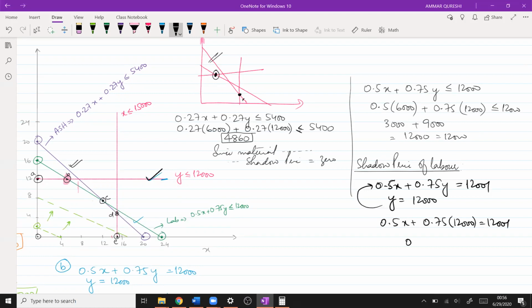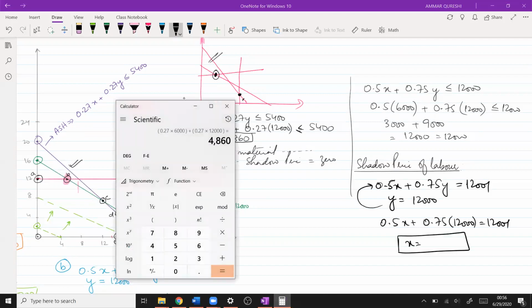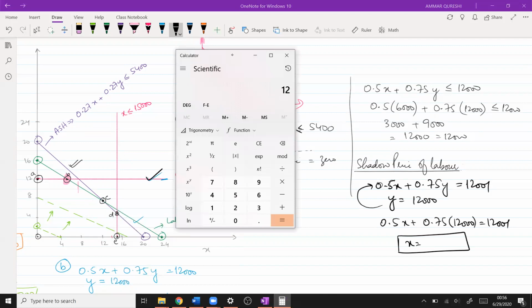So what will be the value of x in this case? Let's try to calculate. 12,000 multiplied by 0.75 is 9,000. So 12,001 minus 9,000 is 3,001, divided by 0.5 is 6,002.